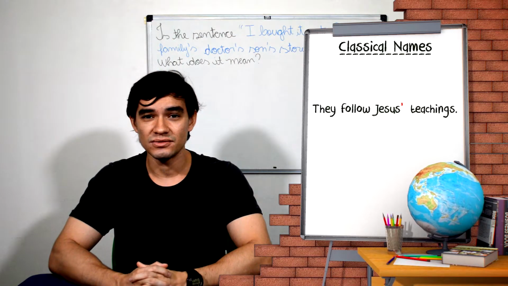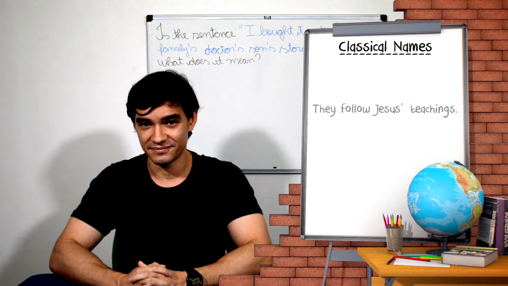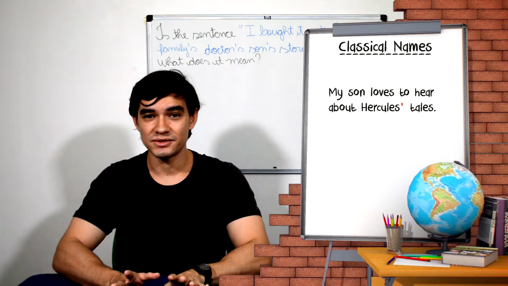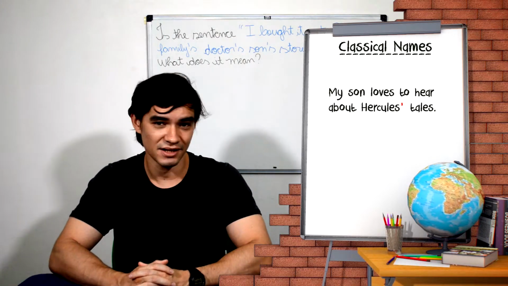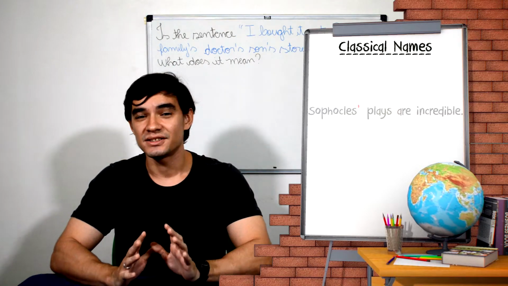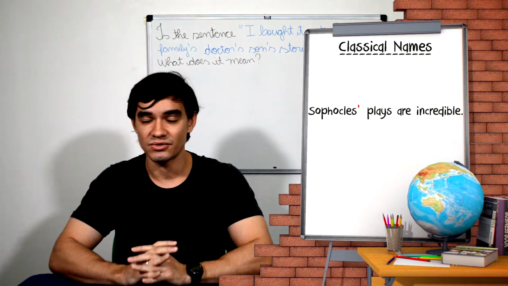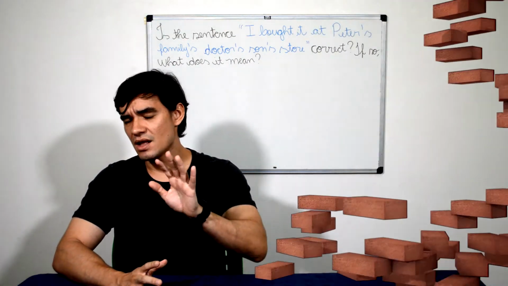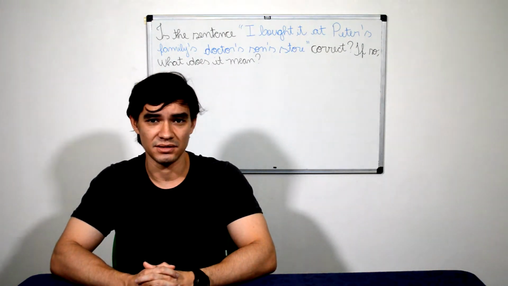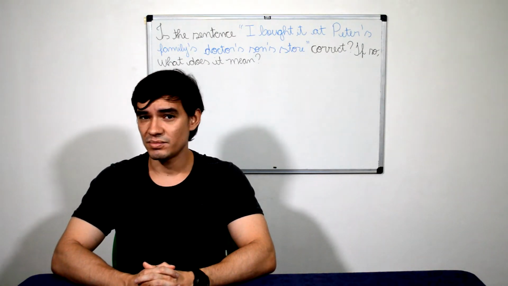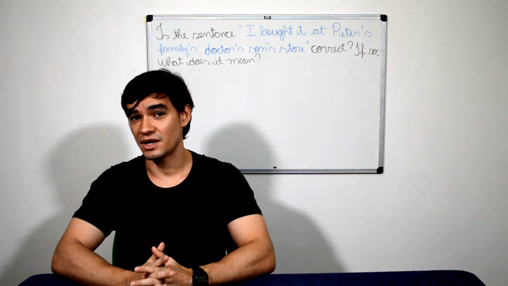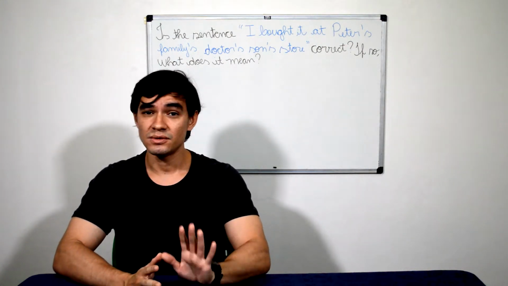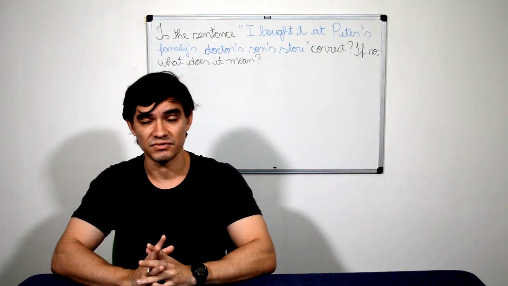They followed Jesus' teachings. My son loves to hear about Hercules' tales. Sophocles' plays are incredible. That's been changing a bit lately, so I think it would be okay to add the apostrophe s too. But if you would rather not risk it, feel free.